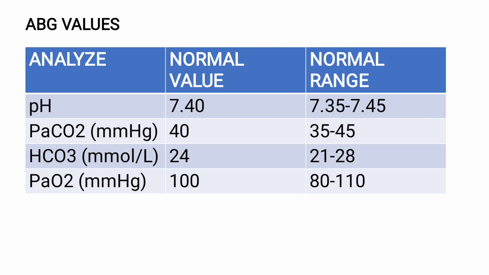Coming to HCO3, that is bicarbonate, normal value is 24, whereas normal range is 21 to 28. PaO2, that is partial oxygen, normal value is 100, normal range is 80 to 110. But in order to interpret ABG values, we will be using only these three: pH, PaCO2, and HCO3.